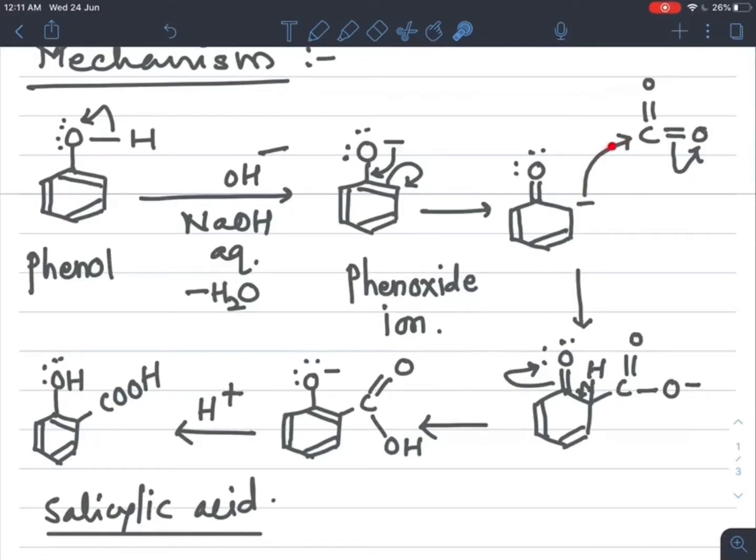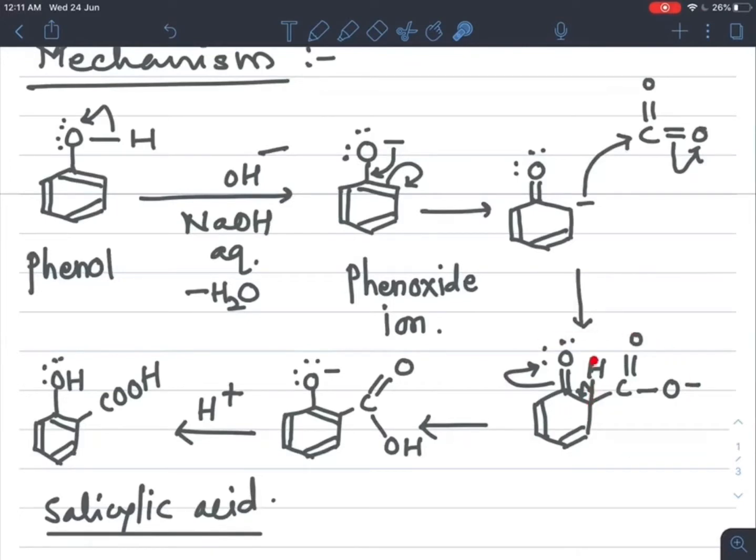By using this pair of electrons, CO2, which is a weak electrophile, that is, an acidic oxide, bonds to this benzene ring at its ortho position. During the formation of the bond, to complete the valency, this pair of electrons shifts onto this oxygen which carries a negative charge, and the bond is formed. So when the bond is formed, this structure is formed.